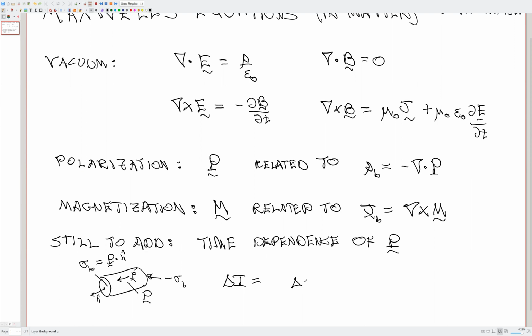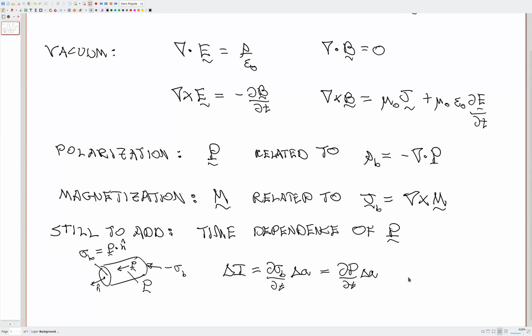It's going to be proportional to the delta area, but the coefficient of proportionality is just the change of the surface charge density with respect to time, so d sigma dt. So really, I can relate that to the change of my polarization with respect to time, times this delta A. As I change my polarization at a certain rate, the surface charge density is going to change at that rate.